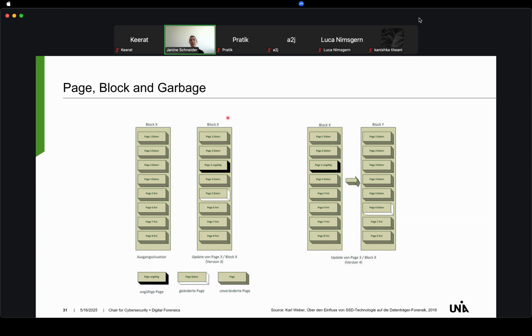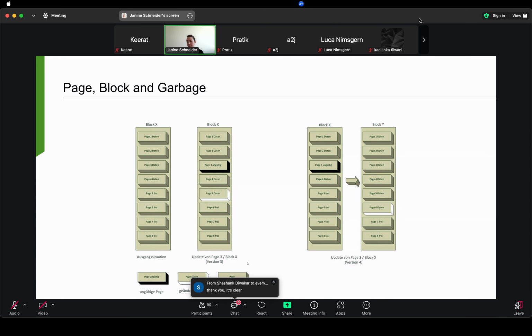So it works exactly like strategy 3, but we don't write in a page of the same block, we write in a page of another block. Okay.